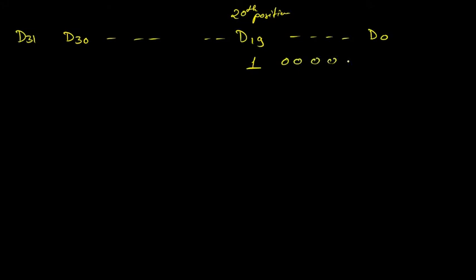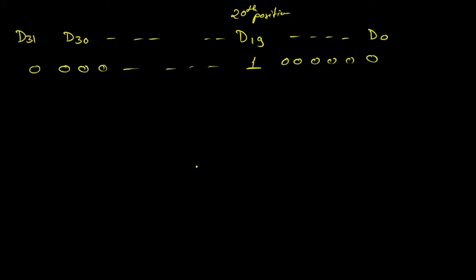So D31, D30, and so on. And here you have D19, and then you have D0. Okay, so D19 means 20th position. So suppose I want only one here, and the rest of the bits should be 0 0 0 0 and so on.